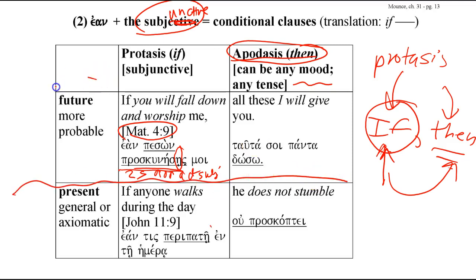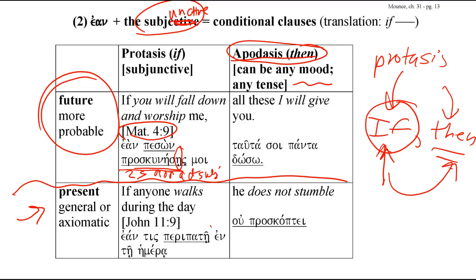So this future more probable use of subjunctive is the more frequently used form when the subjunctive is used in an if-then clause. There's another use, which is a little bit rarer, where the subjunctive is used in something like a proverb or axiomatic setting.